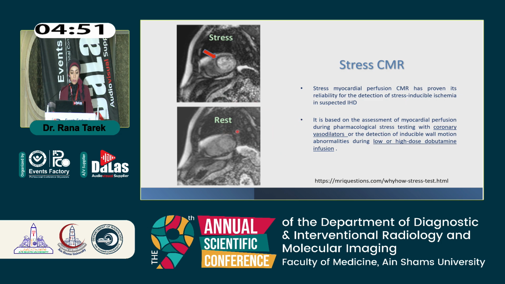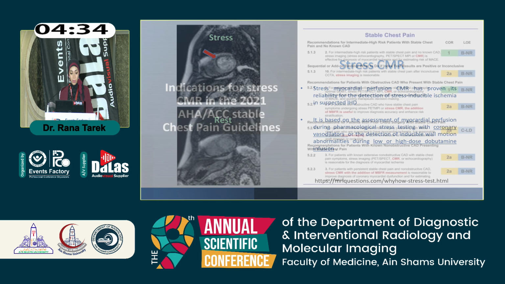This is a perfusion study. We can see here during rest there is uniform enhancement of the myocardium, but after giving the patient a vasodilator, we can see here under stress there is a perfusion defect, indicating the presence of ischemia.